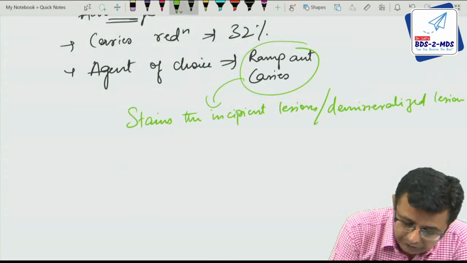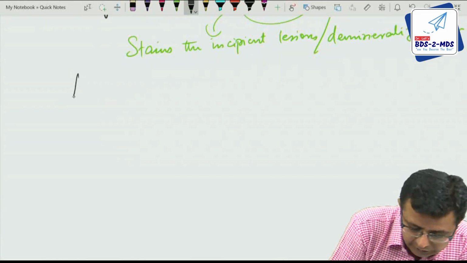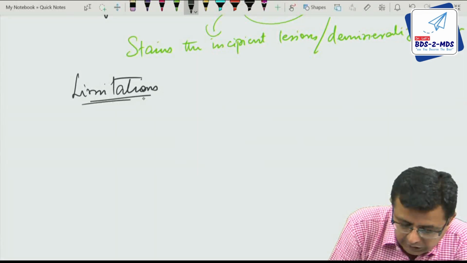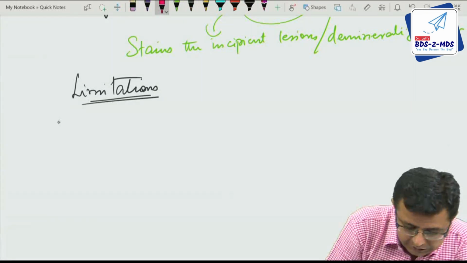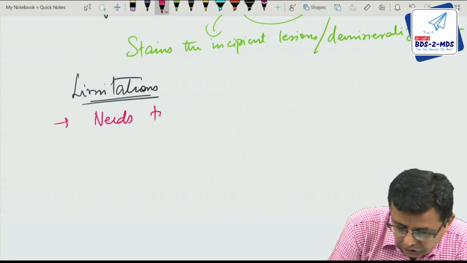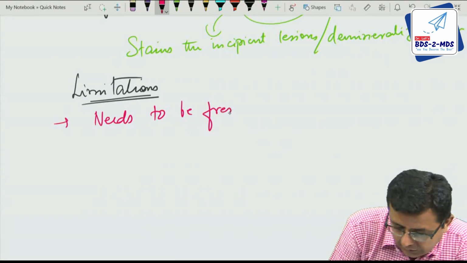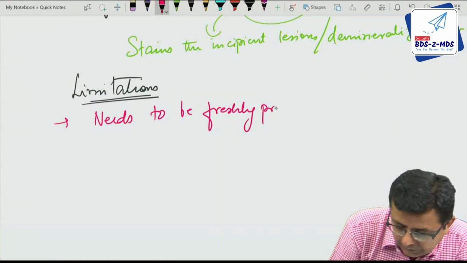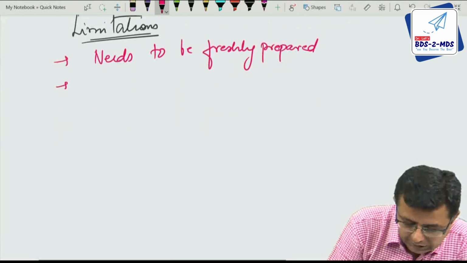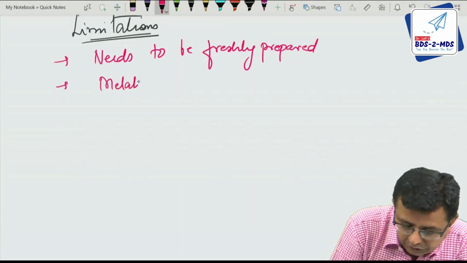It comes with its own limitations, though. Lots of limitations are there as far as stannous fluoride is concerned. The first limitation is it needs to be freshly prepared. The second limitation is it causes a metallic taste in the oral cavity.